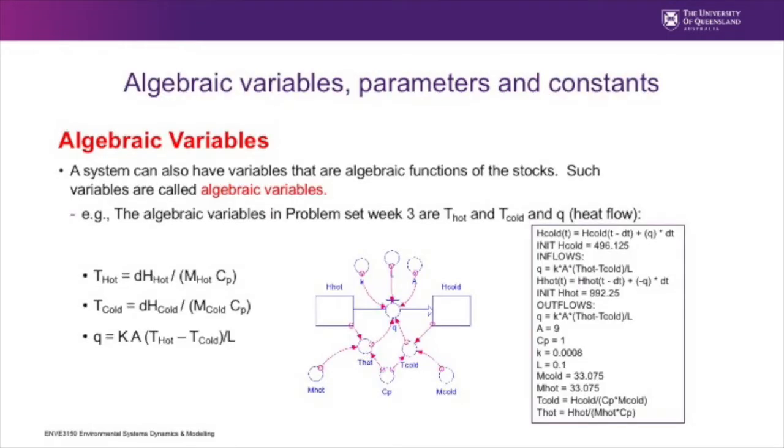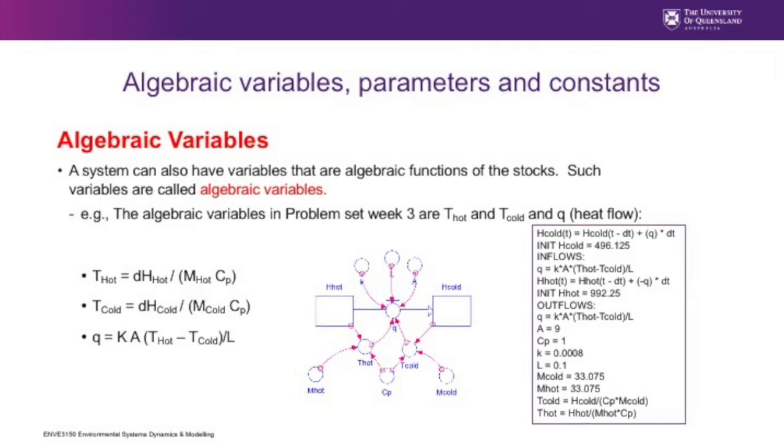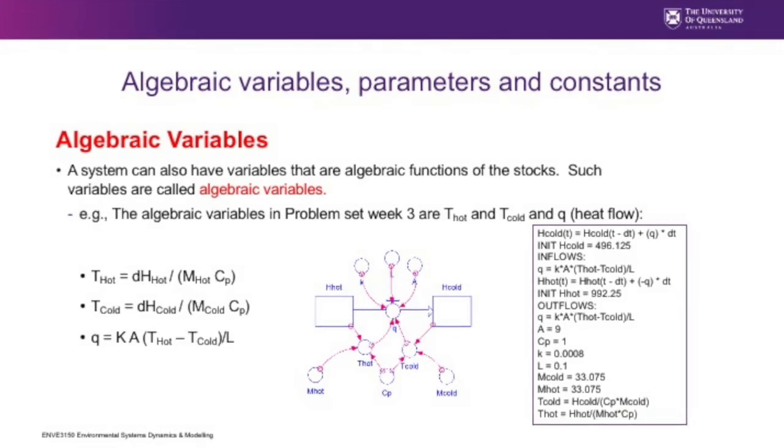So now we are going to define what an algebraic variable is, and this is similar in that it is also a function that is time dependent, and it will change over time depending on the influences in the system. The difference with the algebraic variable is that it can be a flow, or it can also be an equation that is dependent on the stock, right?